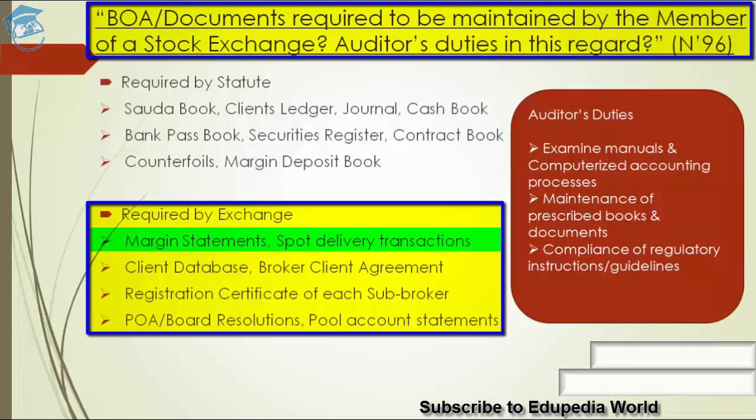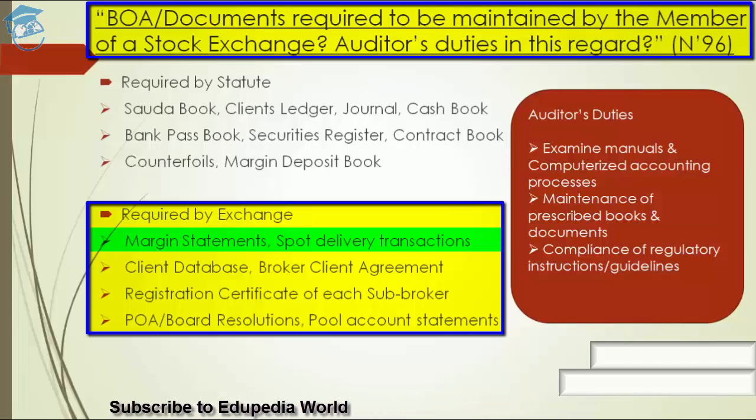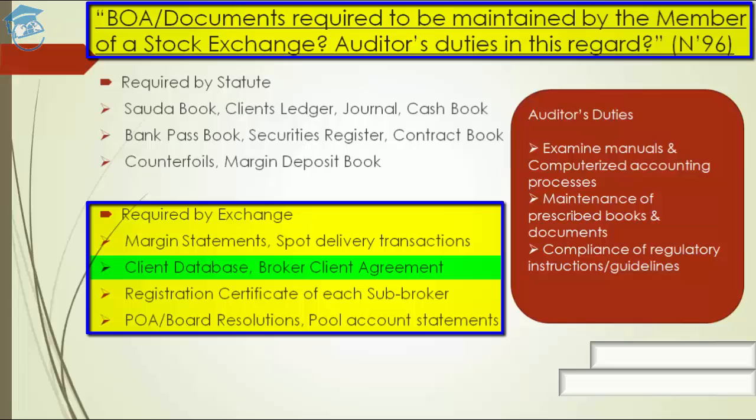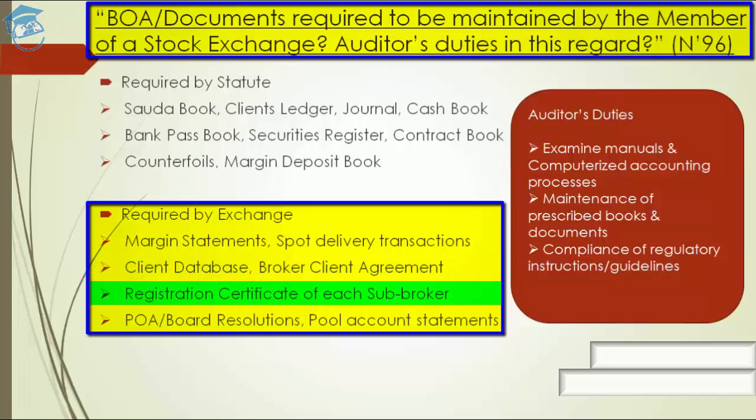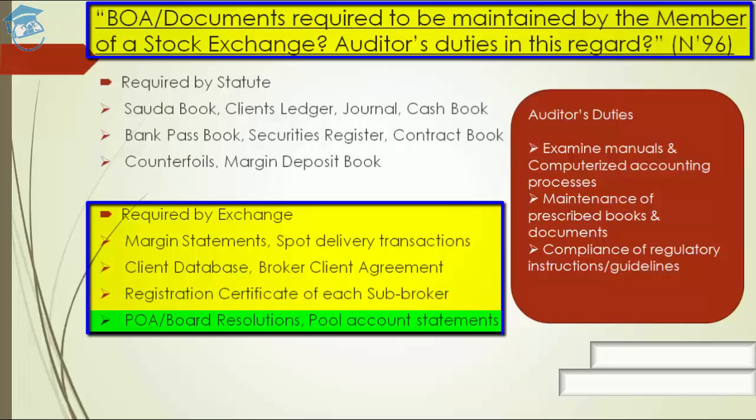So copies of all the margin statements which are downloaded from the exchange, copies of all the spot delivery transactions entered into, then client database, broker client agreement, copy of the registration certificate of each sub-broker issued by the SEBI, approval for each remisier given by the exchange, power of attorney, board resolution authorizing the directors and employees to sign the contract notes, pool account statements.